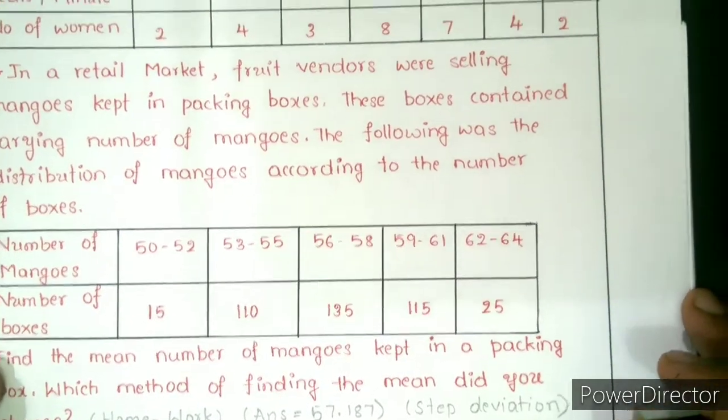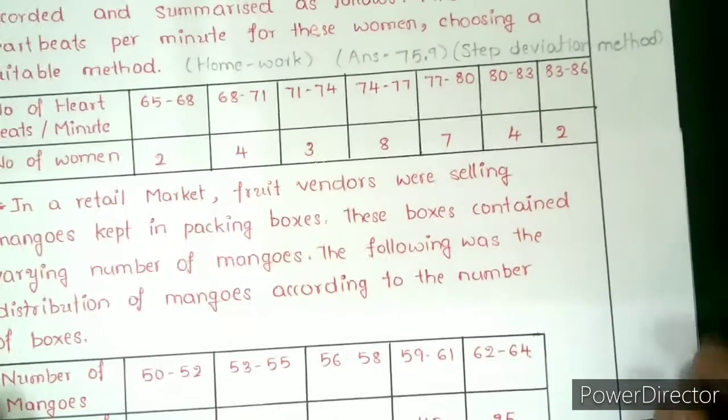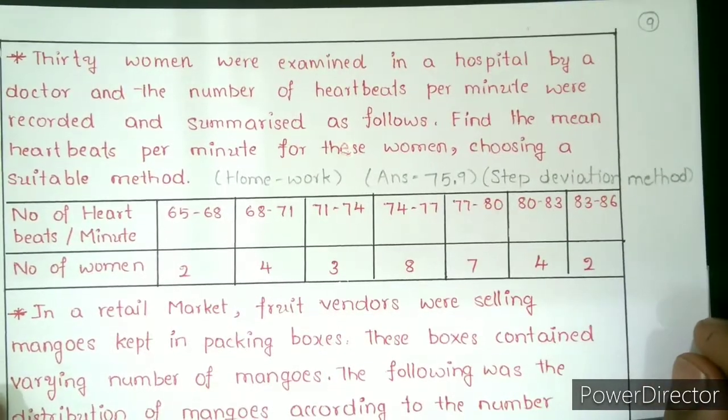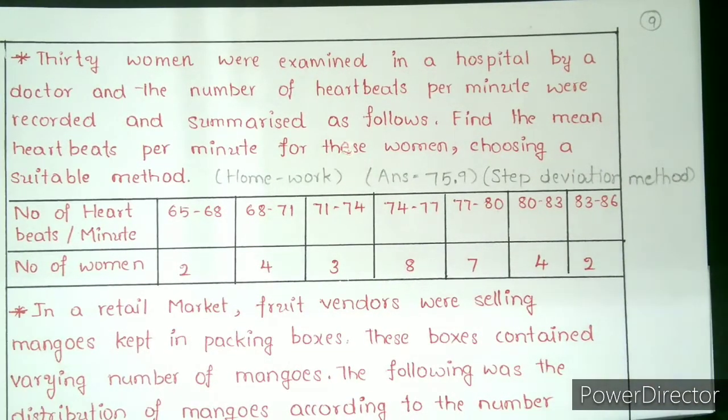The first one: 30 women were examined in the hospital by a doctor, and the number of heartbeats per minute were recorded and summarized as follows. Find the mean heartbeats per minute for these women choosing a suitable method.